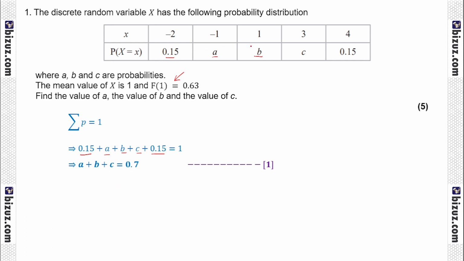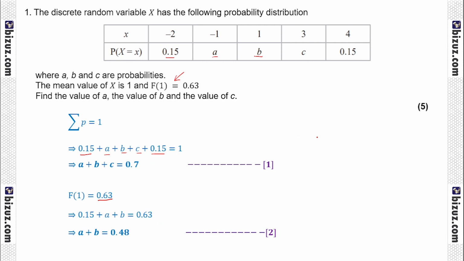The sum of the three probabilities up to x equals 1 is equal to 0.63. So 0.15 plus a plus b is equal to 0.63, and from here we get a plus b equals 0.48. Now that will be our second equation.